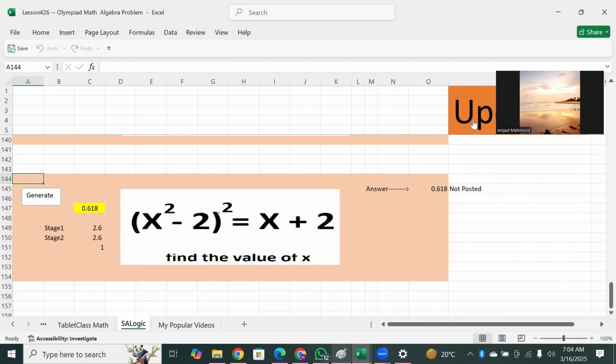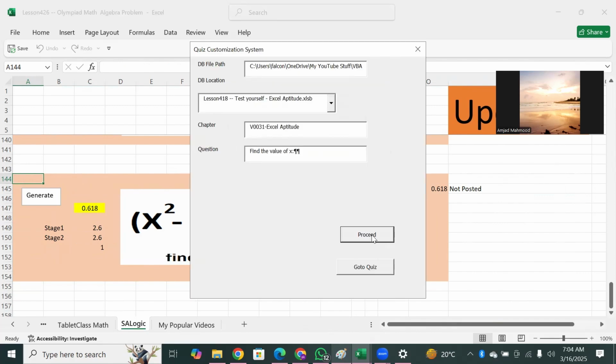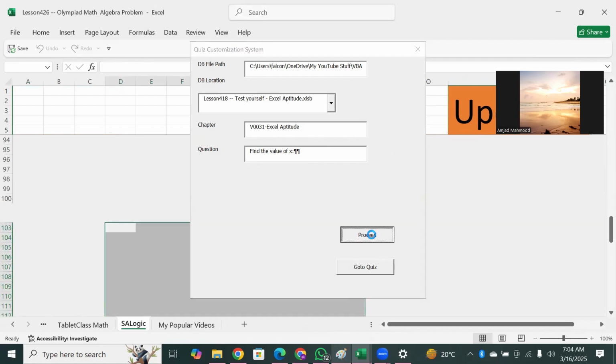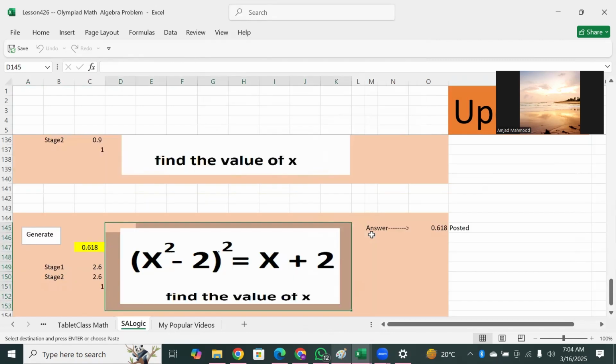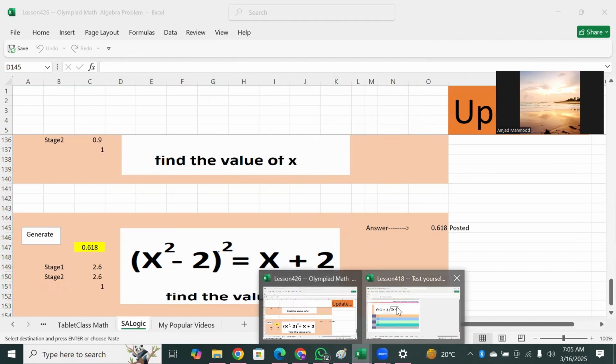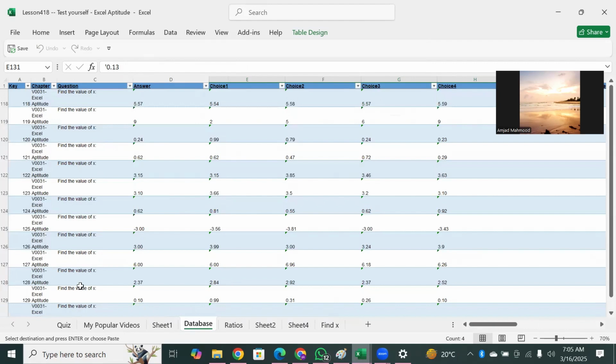Now all you need to do is post it. You update the quiz database so that you have another entry in your multiple choice questionnaire, right? So it is going to update only the one which was pending for posting. So since this was the only question which was pending, one entry has been added into your database. So let's see what it has done. Okay, so this is the question. This is what it has done.